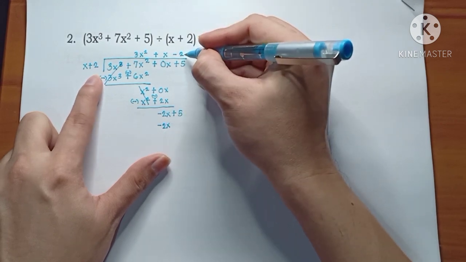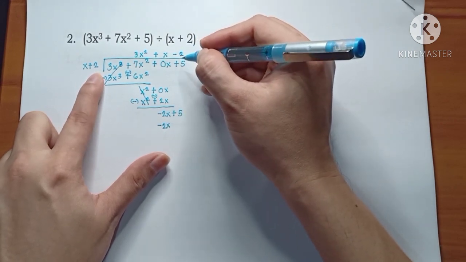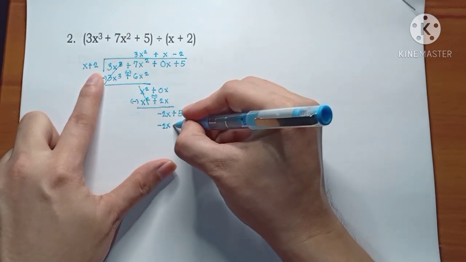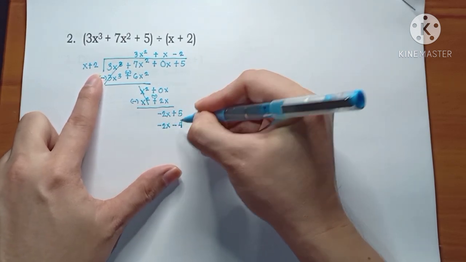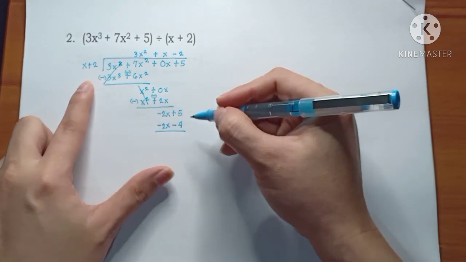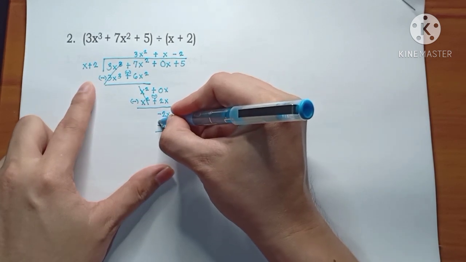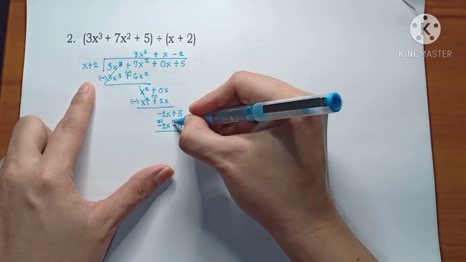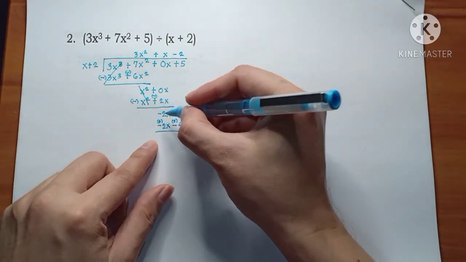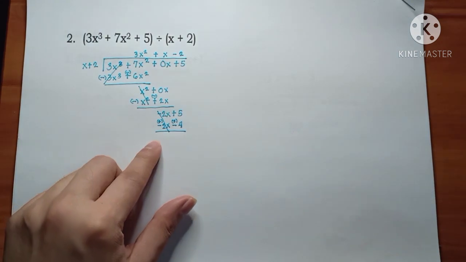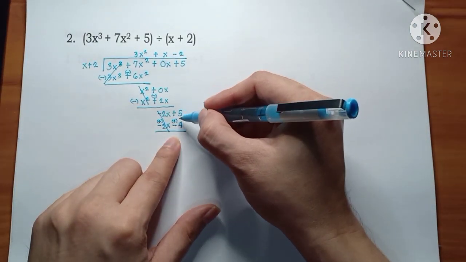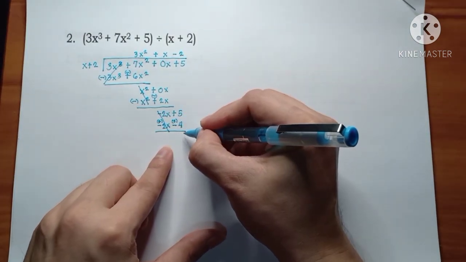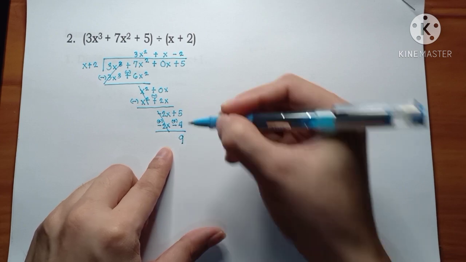Then, negative 2 times 2 is negative 4. And then, subtract. Ito magiging plus na. Ito ay magiging plus na. So, now, cancel this out. So, 5 plus 4 is 9. So, meron tayong remainder na 9.